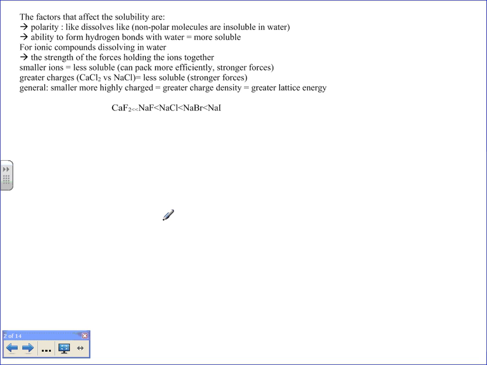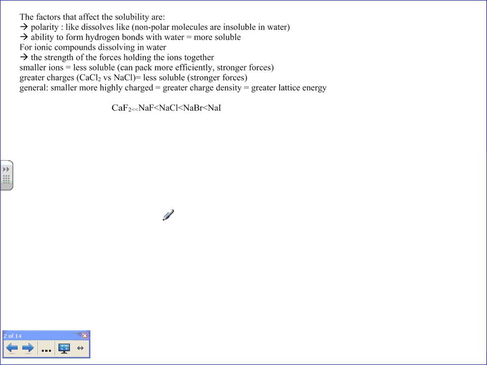When we're talking about the solubility in water, we can also consider whether the substance can form hydrogen bonds with water. So something like ethanol or methanol that has an OH bond in the molecule has the ability to form hydrogen bonds with its own type of molecule, but it can also form hydrogen bonds with water, which makes it soluble.